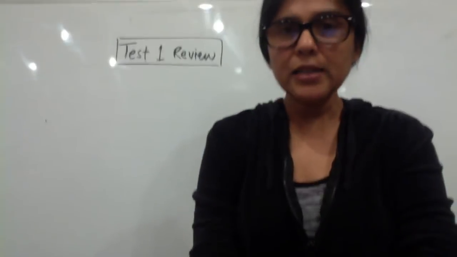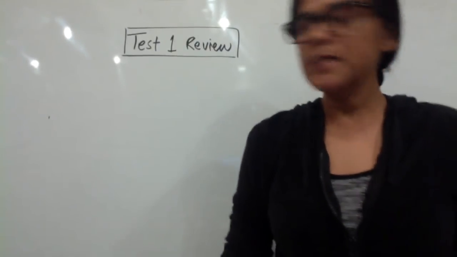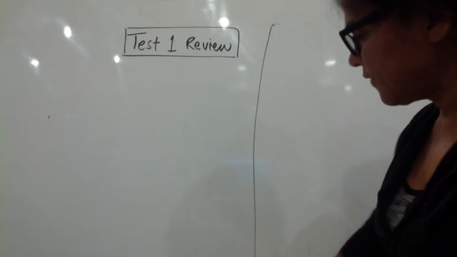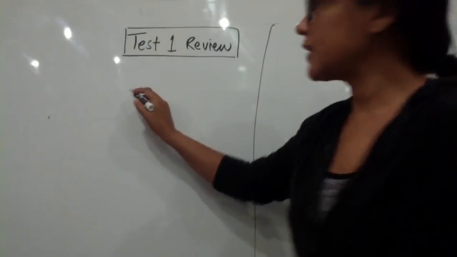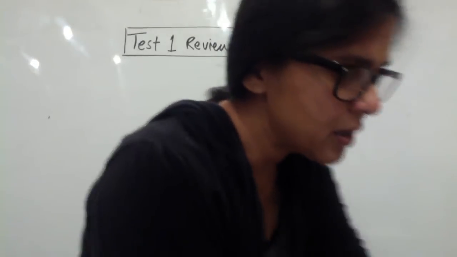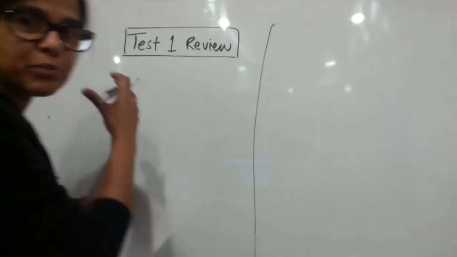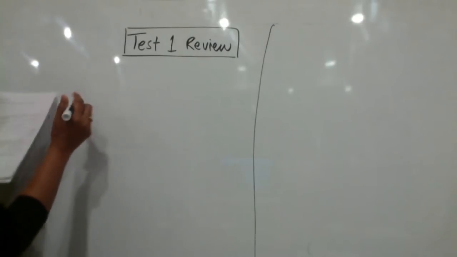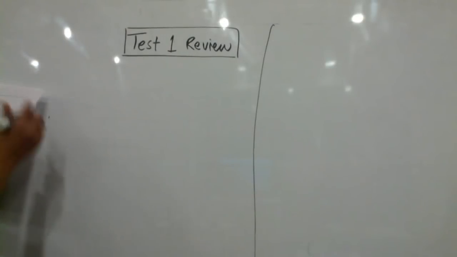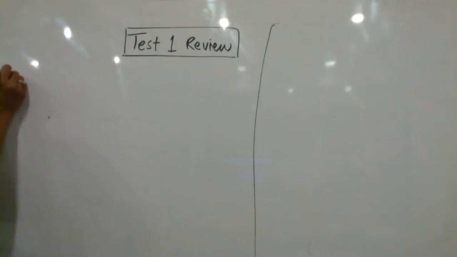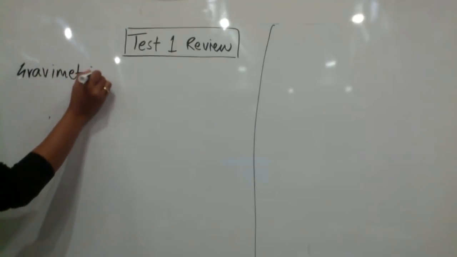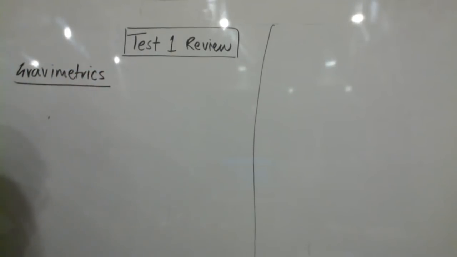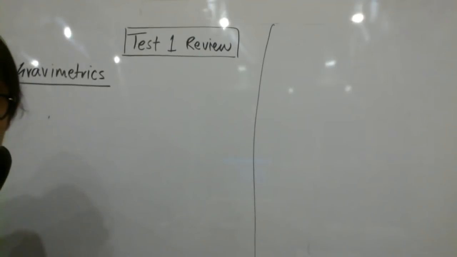Can I just ask, first of all, is this field of view good? If I write here, is it big enough for you? Can you see it? If I were to write a problem here, I thought I'd put it a little closer because last time it seemed a little farther. If I were to write gravimetrics, is it showing up pretty good? Is this size okay? Yes. The board is fine, the bottom may be a little cut off.